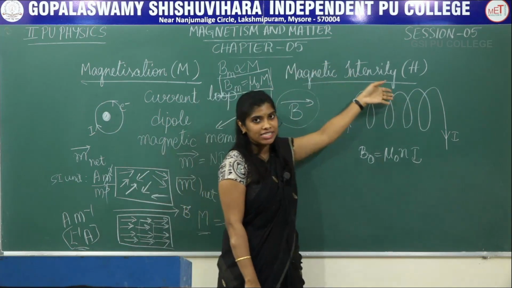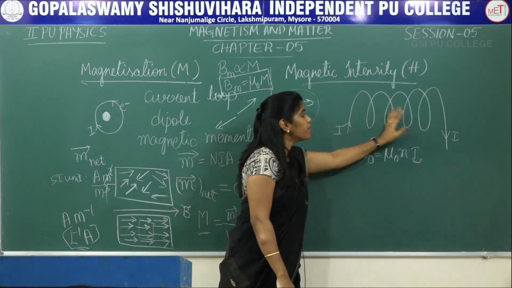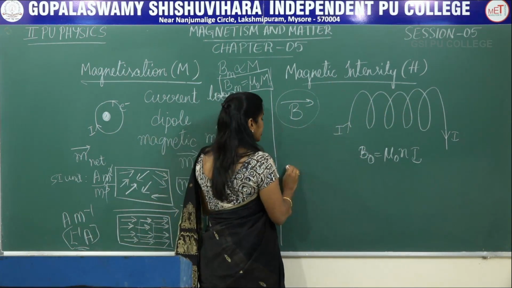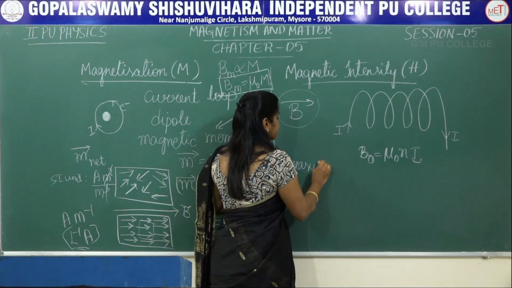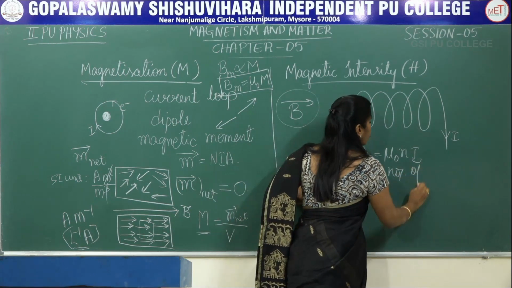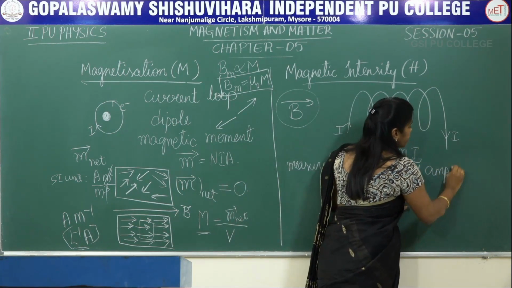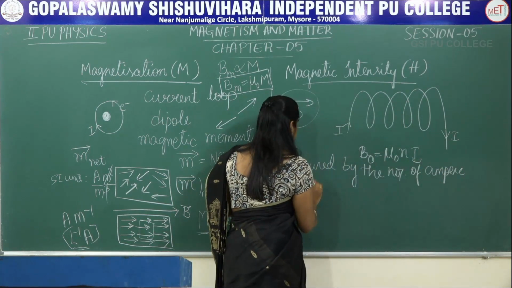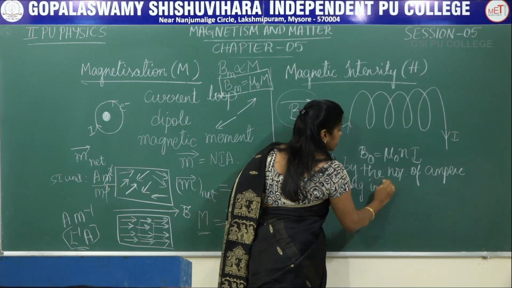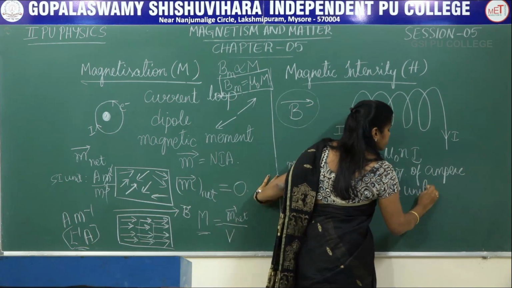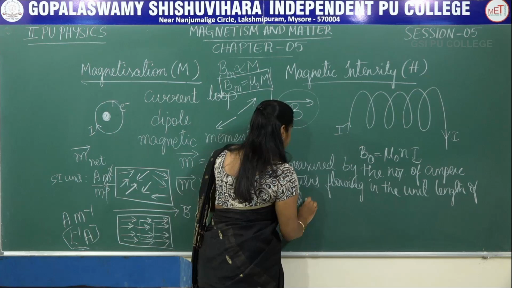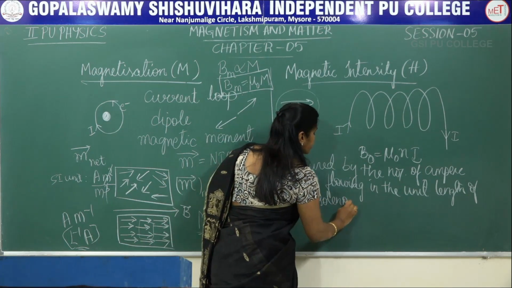So the magnetic intensity can be measured by the number of ampere turns flowing in unit length of the solenoid. So how do I measure this? It is measured by the number of ampere turns flowing in the unit length of the solenoid.